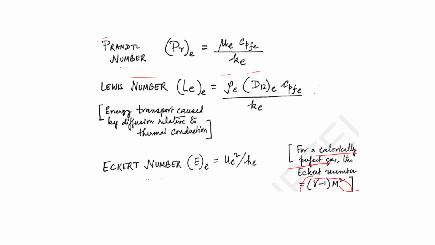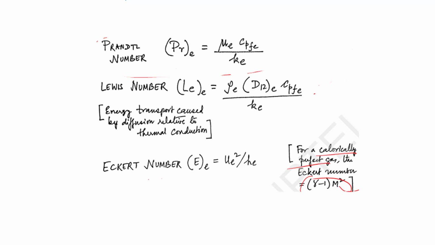Here Cpfe is for frozen flow. The frozen flow Cp value is considered at the edge. Lewis number is given by Le equal to rho e D12 e Cpfe upon k. This Lewis number is nothing but energy transport caused by diffusion relative to thermal conduction. And the last non-dimensionalized quantity is Eckert number, which is given by E equal to ue square upon he.